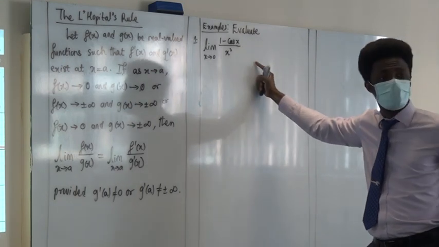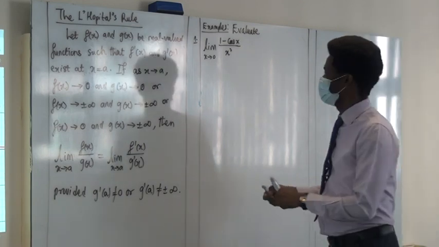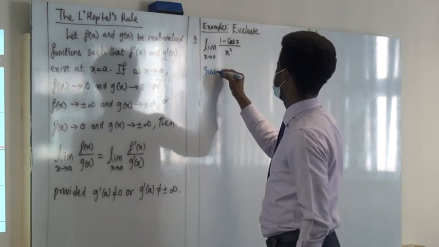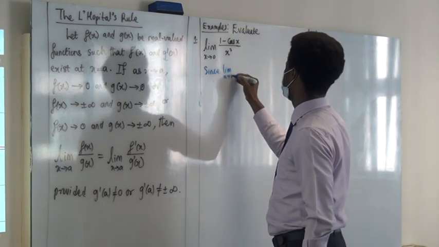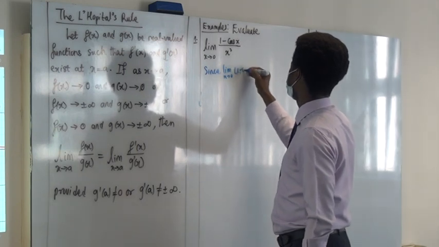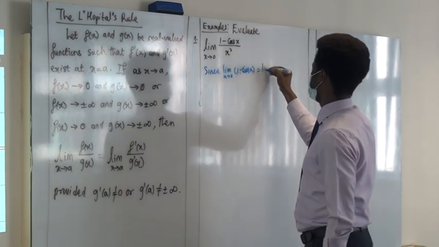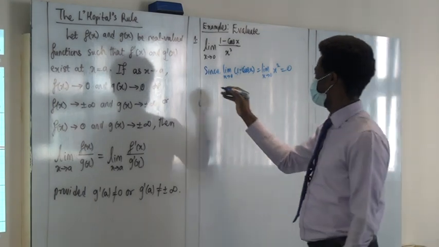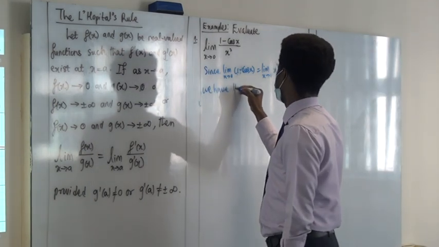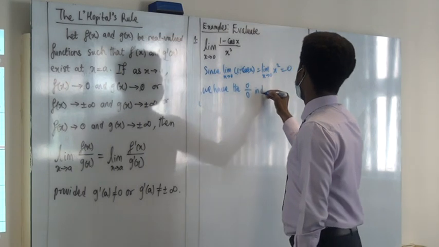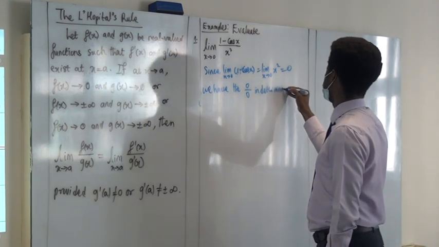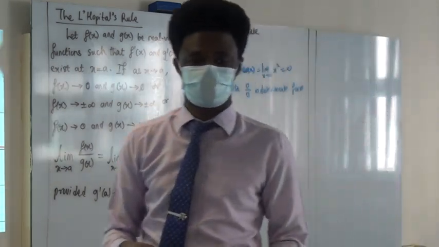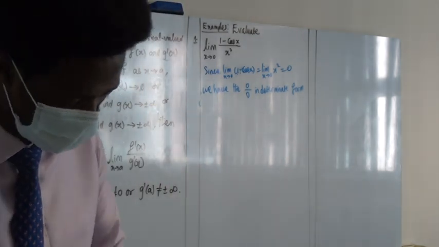So that gives you the 0 over 0 indeterminate form. Of course, this doesn't have to be put in this form of description. It's just for you to understand what we are doing and how we got to where we are.